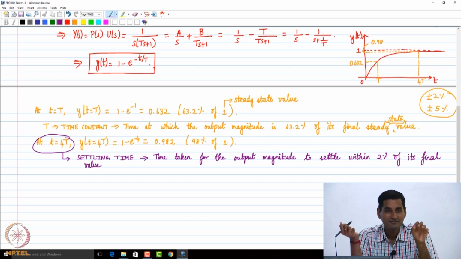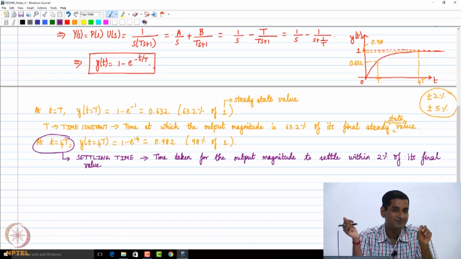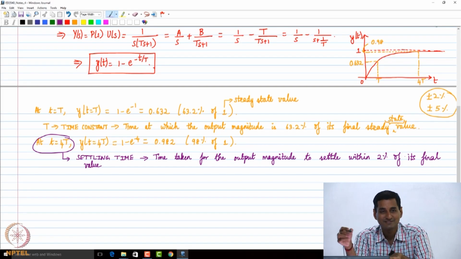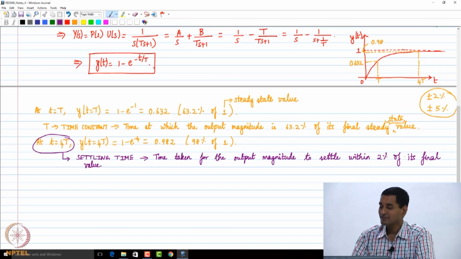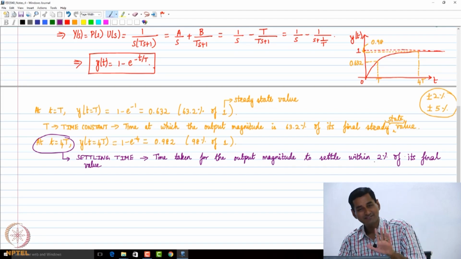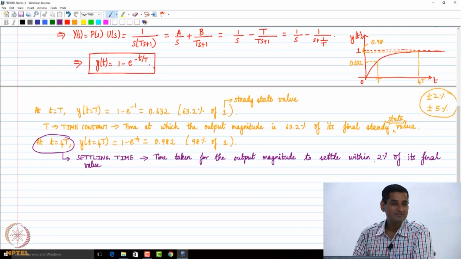In practice, we always like inequalities to work with, so that we have a range. If you give me an equality constraint, mathematically it's nice to write an equation, but practically you will be constrained a lot. We'll discuss this point later. That's why we are saying within 2%, and we are happy that 4 times capital T is a good measure of settling time.